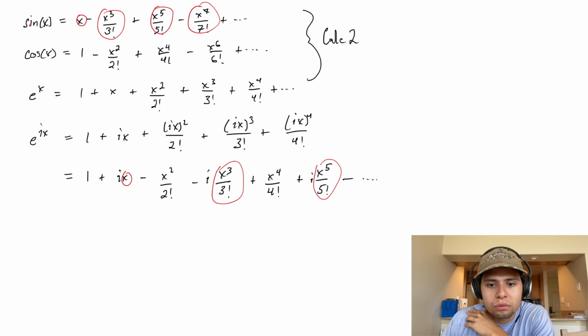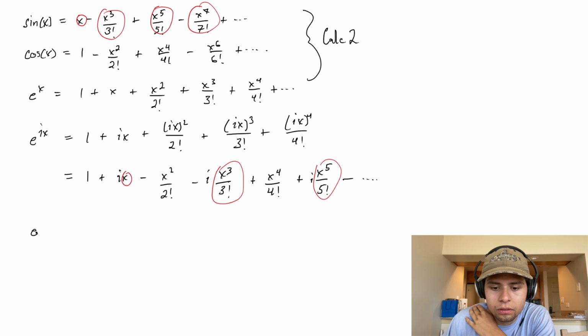So if we just multiply this whole thing by i, so i sine x, right? i sine x is i times x, i times this, i times this, and i times this, and we get exactly these terms in here. Then we can add that to this, and we get exactly this.